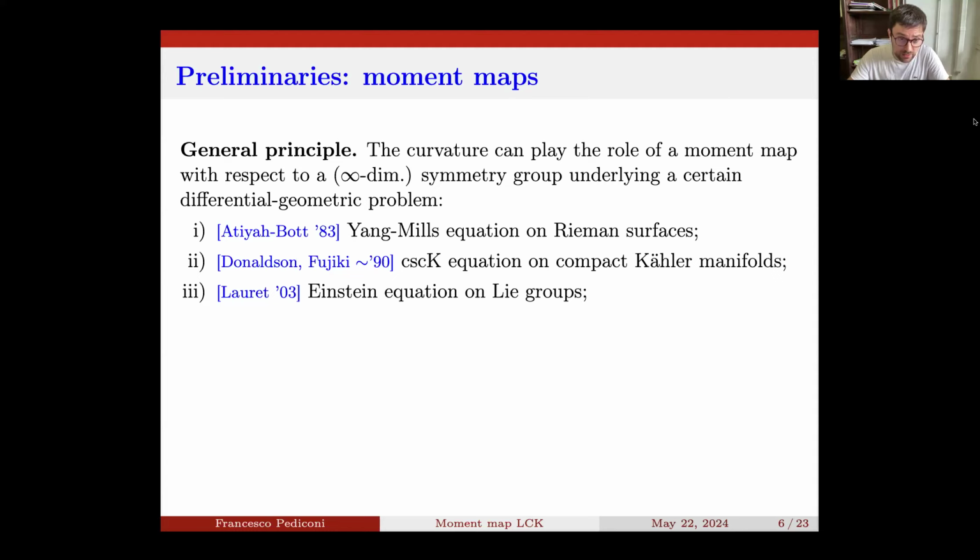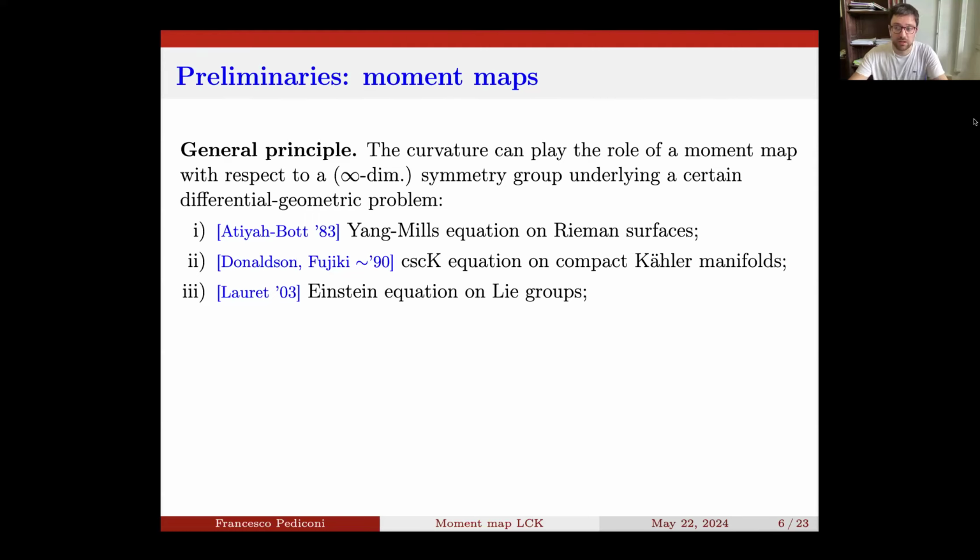Later on, in the 90s, both Donaldson and Fujiki observed this when studying the cscK equation on compact Kähler manifolds, where cscK stands for constant scalar curvature Kähler. Also in this case, the scalar curvature can be interpreted as a moment map. Also Jorge Lauret exhibited the Ricci curvature, or a part of the Ricci curvature, as a moment map when studying the Einstein equation on Lie groups and homogeneous spaces.